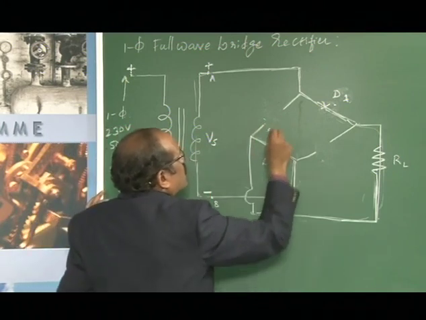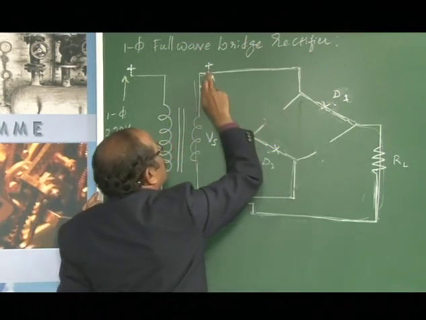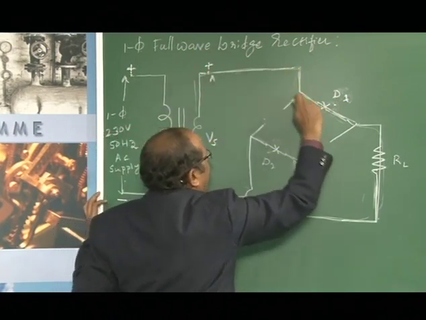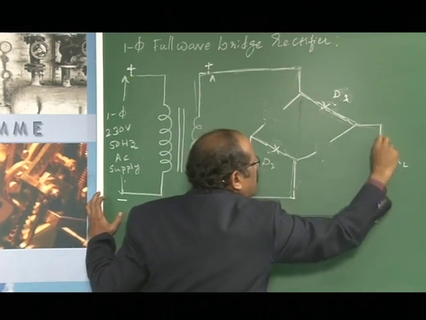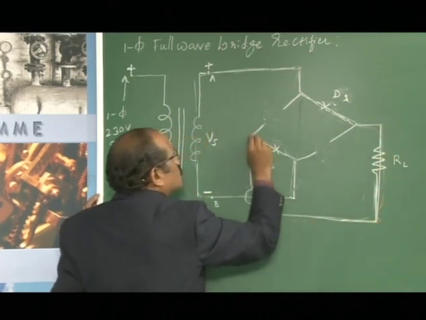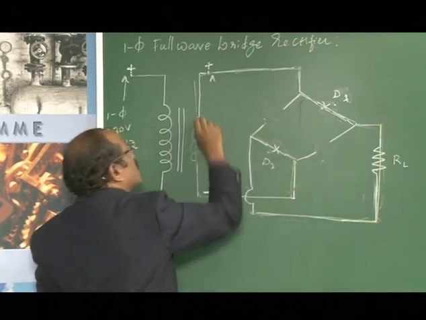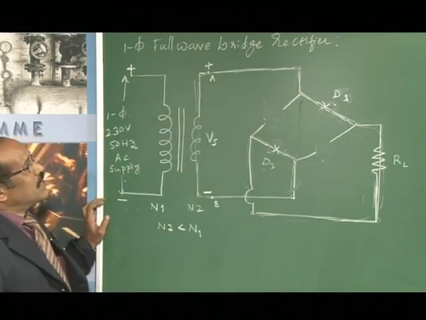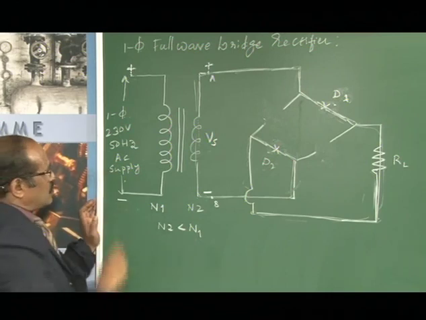So the current flows from terminal A through diode D1, through RL, and through diode D2 and back. This is the closed path of the current that flows during the positive half cycle of the input signal.